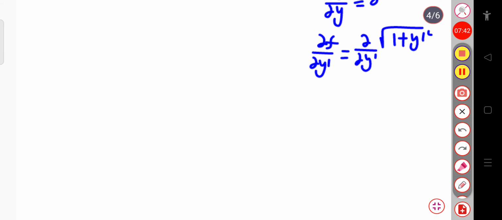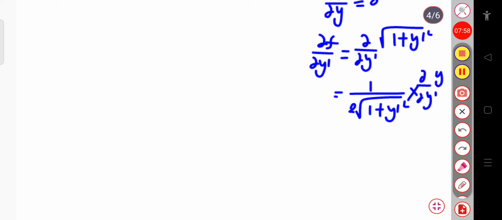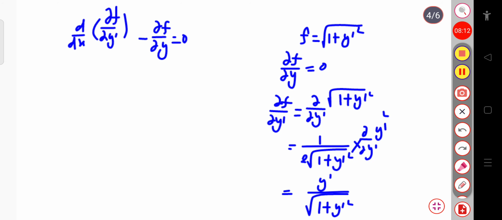Taking the derivative, this is equal to 1 by 2 root 1 plus y′ square, into ∂/∂y′ of y′ square, and the derivative of y′ square is 2y′. So the 2 gets cancelled, and this will be y′ divided by the root over of 1 plus y′ square.